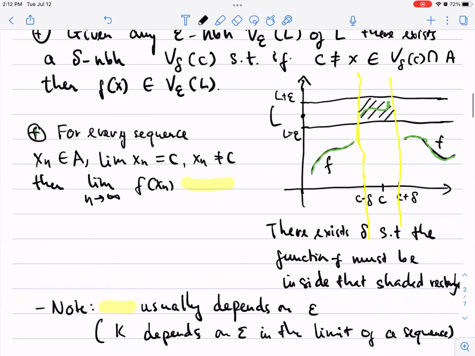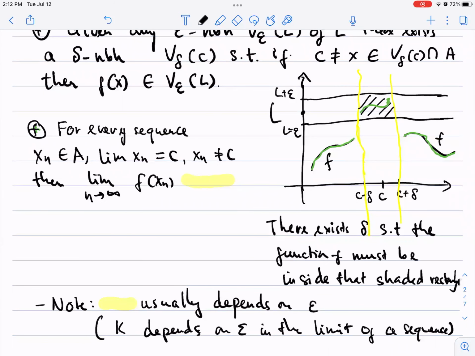And it is illustrated by this picture. We consider the point L, and the epsilon neighborhood around the point L is visualized by this shaded band.